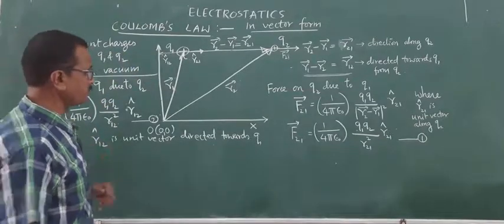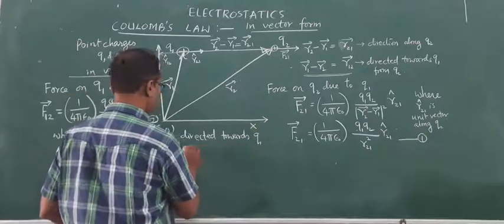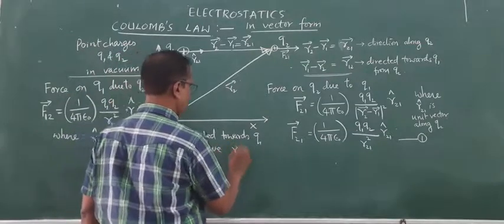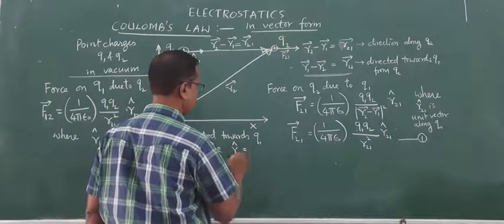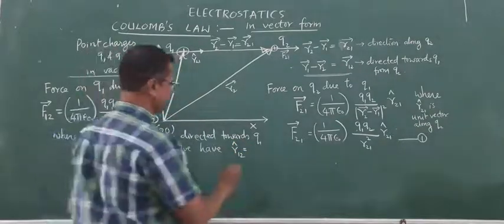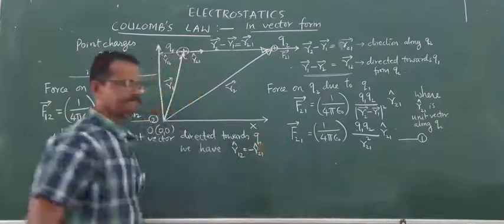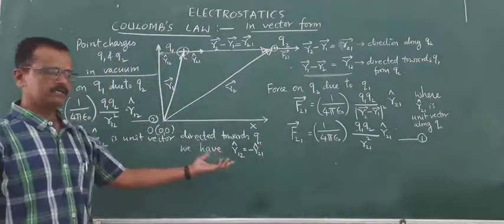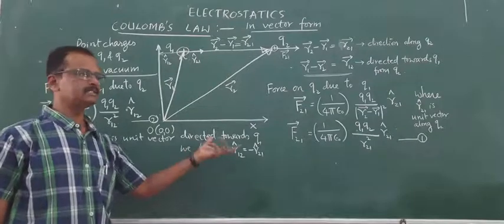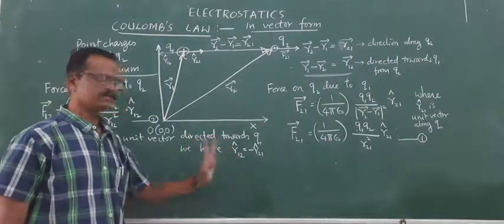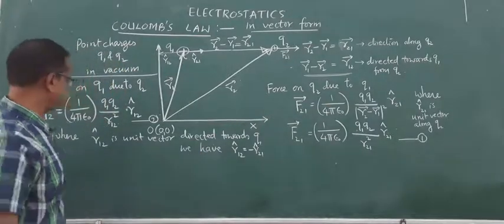Now from the diagram and from this, we can see that R12 cap is equal to R21 cap with a negative sign, because they are of magnitude 1 but exactly in opposite direction. Therefore, R12 vector is equal to minus of R21 vector.